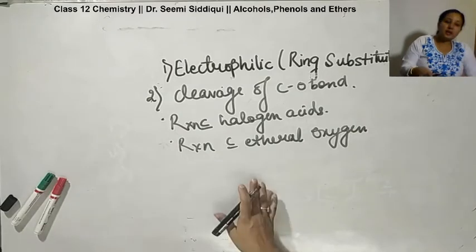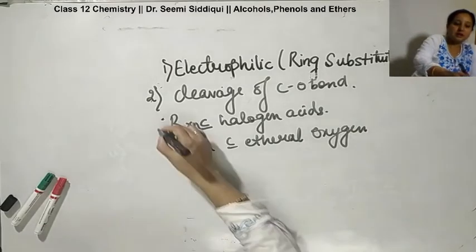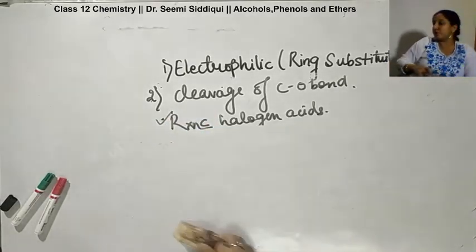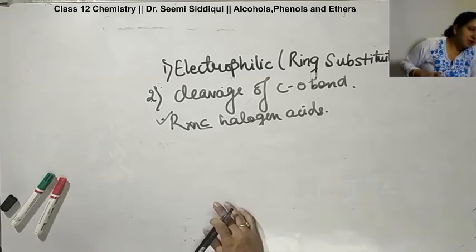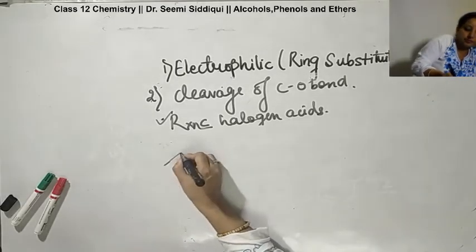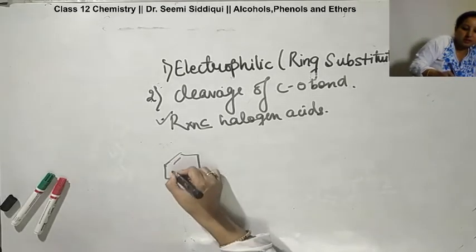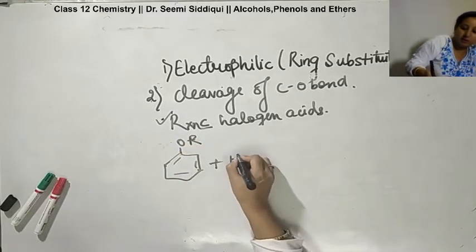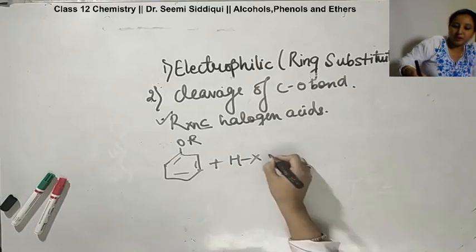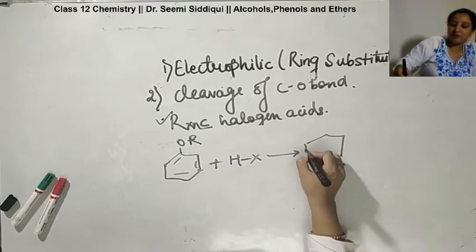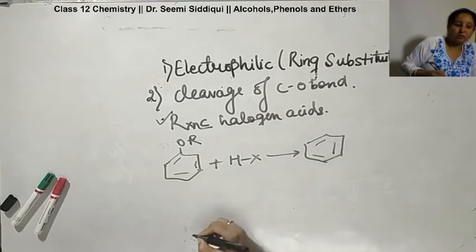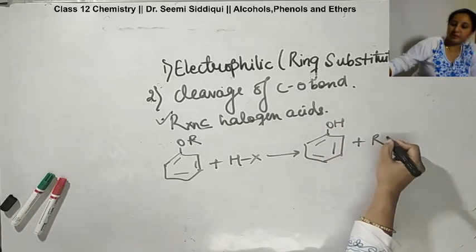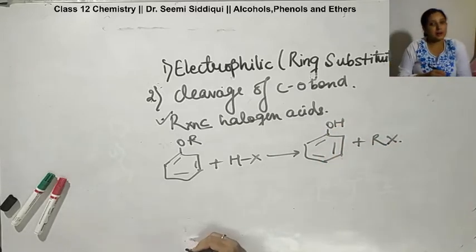Now, in continuation to this reaction of halogen acid, yesterday we were discussing, say suppose you are having ROR plus HX. So it is going to give you ROH plus RX.